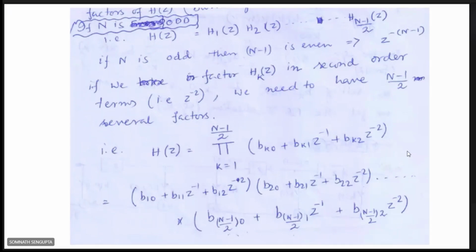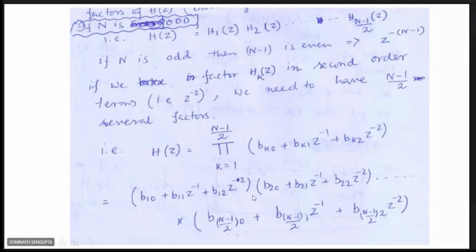So that means if k is equal to 1 to n minus 1 by 2, then the first term, when k is equal to 1, is b10 plus b11 z inverse plus b12 z to the power minus 2, times b20 plus b21 z inverse, and so on. Like this it will continue up to the n minus 1 by 2 order term, and each term has a maximum power of z to the power minus 2.